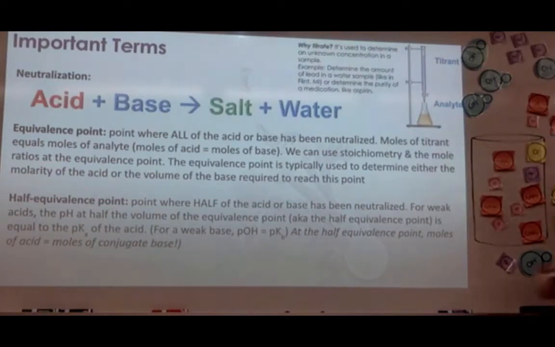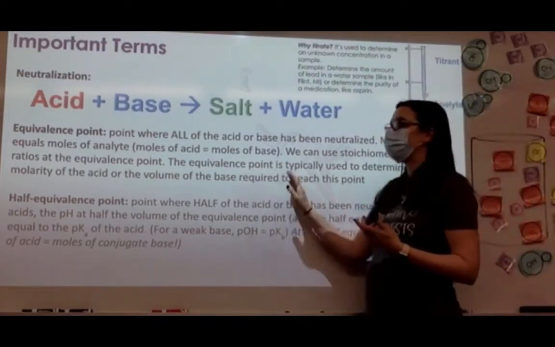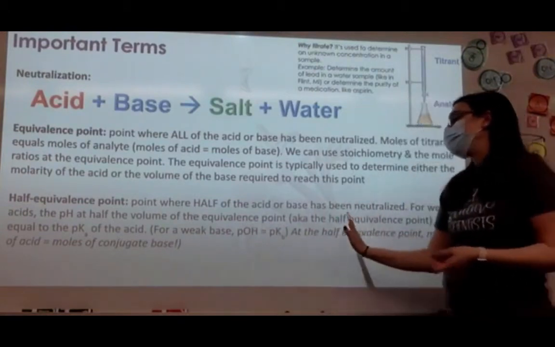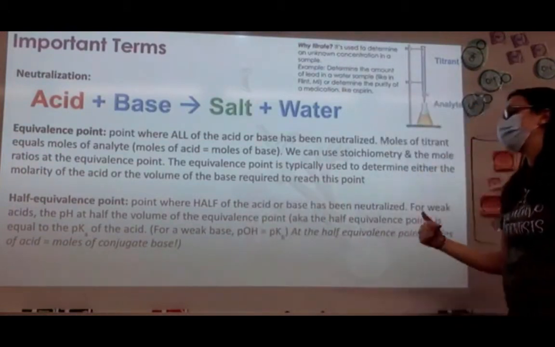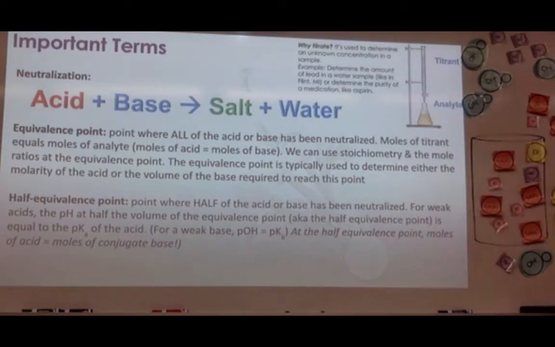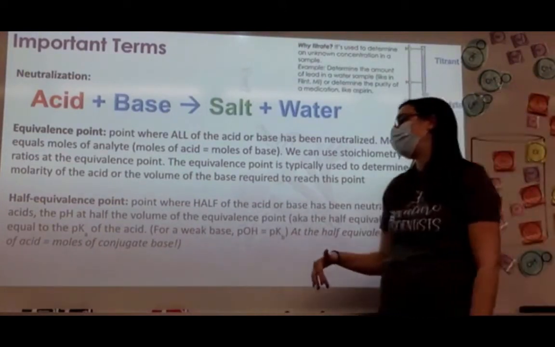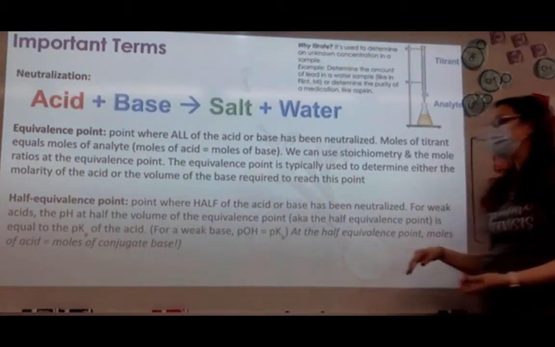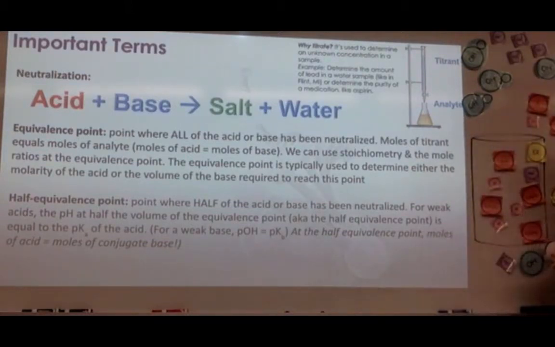The importance of the half equivalence point is that it is half the volume of the equivalence point, not half the pH, but half the volume. The pH at the half equivalence point is equal to pKa. That's one of the most important things about half equivalence point. pH equals pKa. If it's a weak base, pOH equals pKb. Also at the half equivalence point, moles of acid is equal to moles of conjugate base.